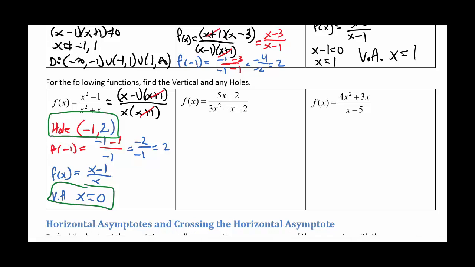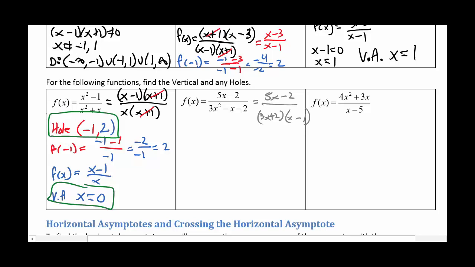Okay, now we're going to go into the next one. So we have 5x minus 2 up top in the numerator. The denominator we're going to try to factor. It's got to be 3x and x. I don't want the 2 to multiply with the 3, and I actually want the 3 to be negative, so we'll do that. So 3x plus 2 and x minus 1.